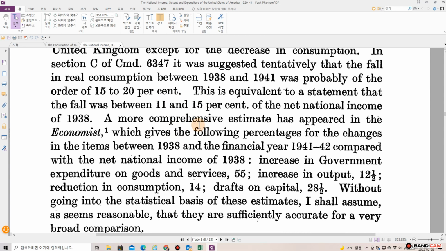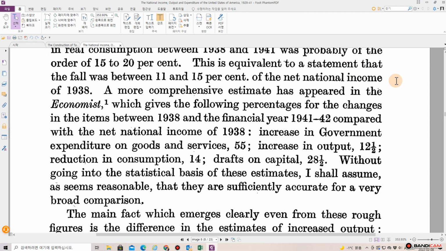This is equivalent to a statement that the fall was between 11 and 15% of the net national income of 1938.